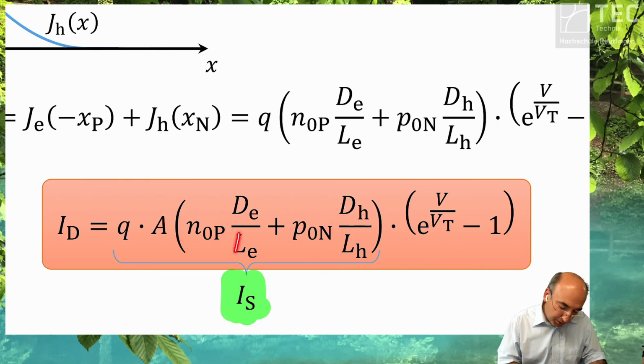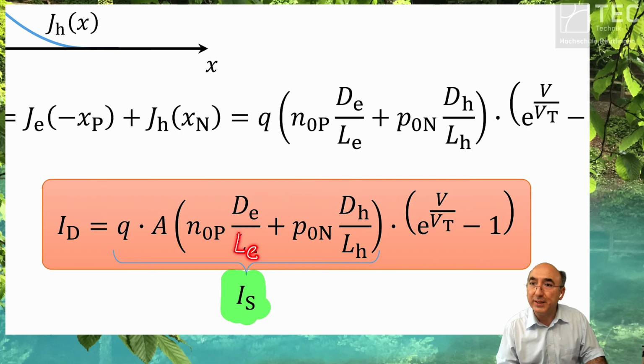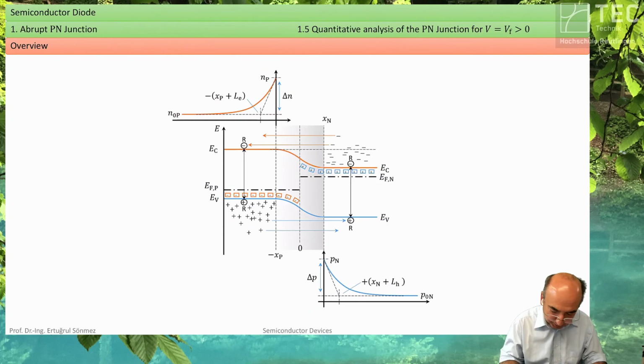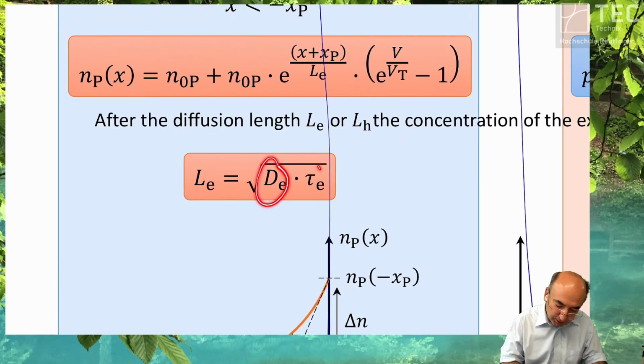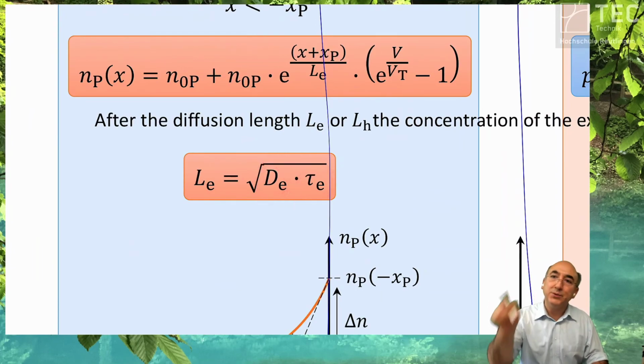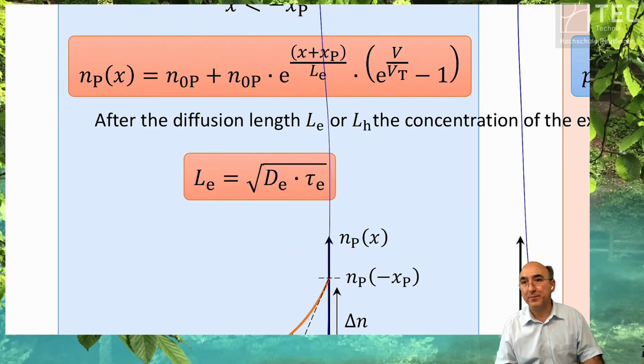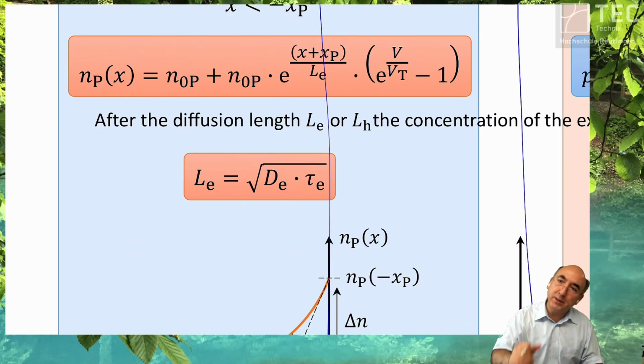Or reduce the diffusion length. A moment, how can I reduce the diffusion length? The diffusion length has the diffusion coefficient and the lifetime. Reduce the lifetime by traps so that they recombine faster. Reduce the diffusion coefficient. One moment.